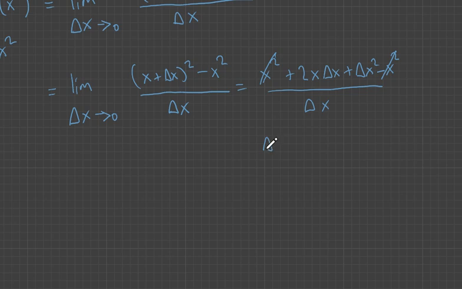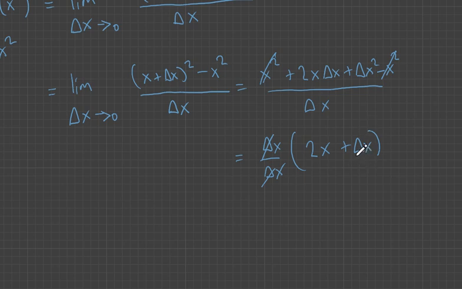So you're left with delta x over delta x times 2x plus delta x. And then, like we said before, anything divided by itself is 1, and all we're left with is 2x plus delta x.